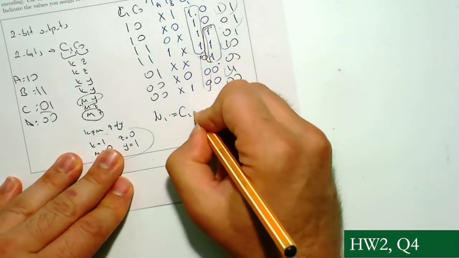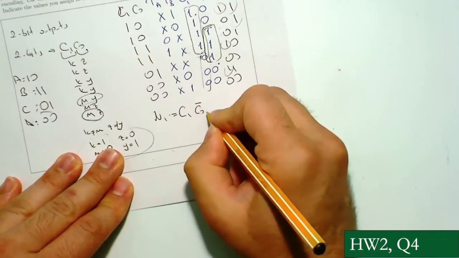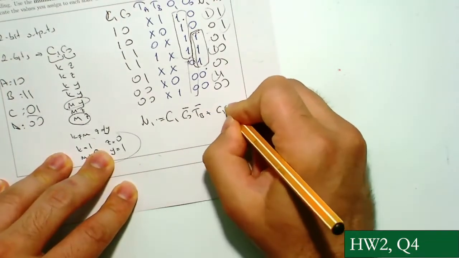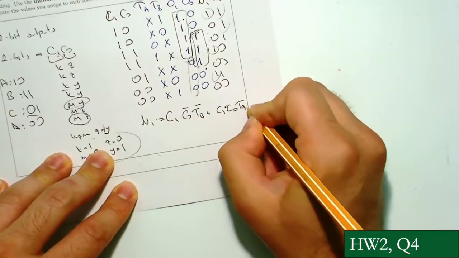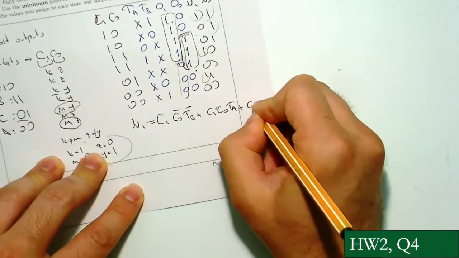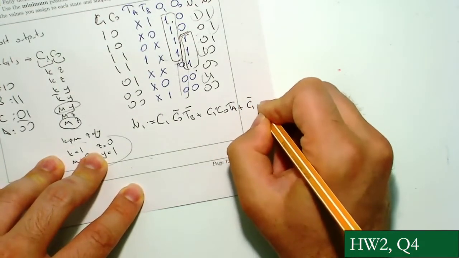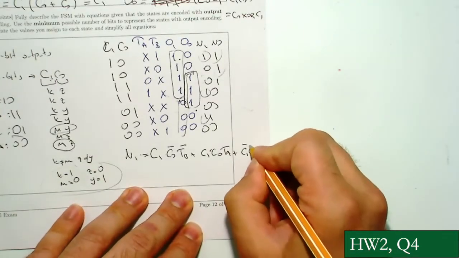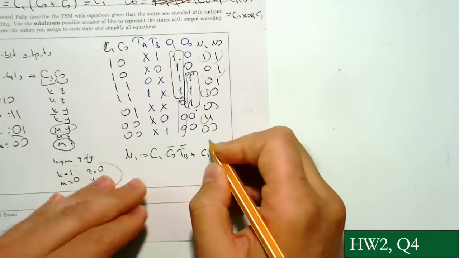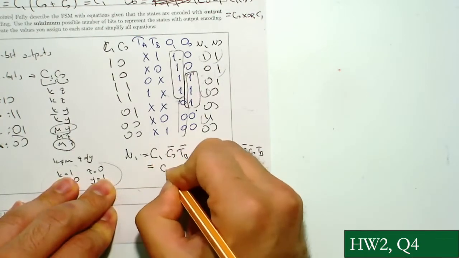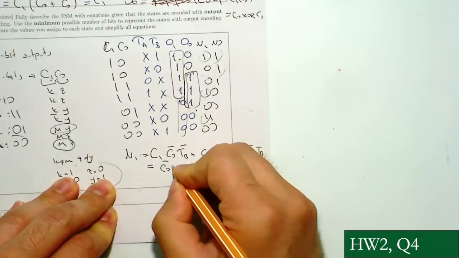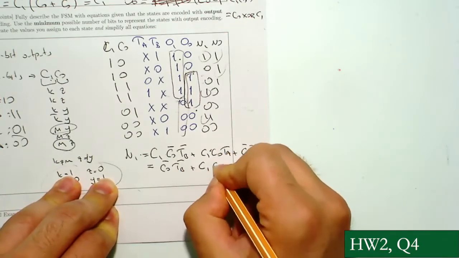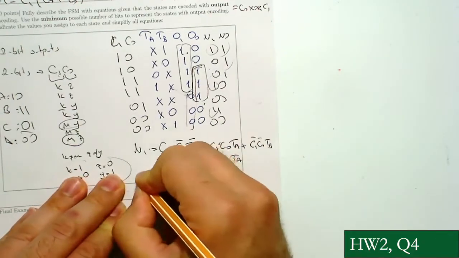So this will be C1 C0 not TB not, C1 C0 TA, and C1 not C0 not TB, and this will be simplified as C0 TB not or C1 C0 TA.